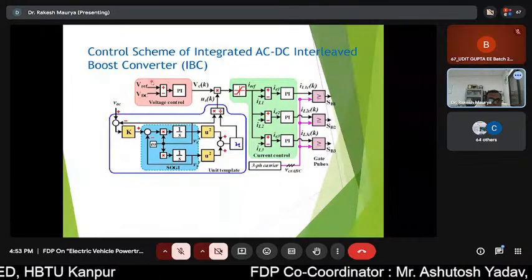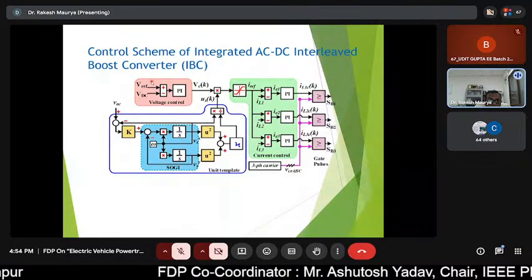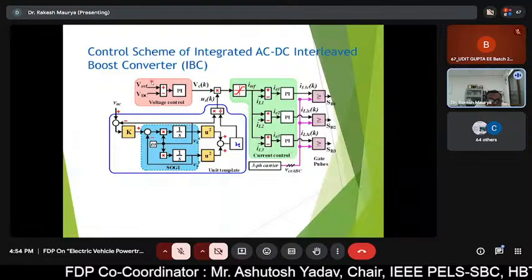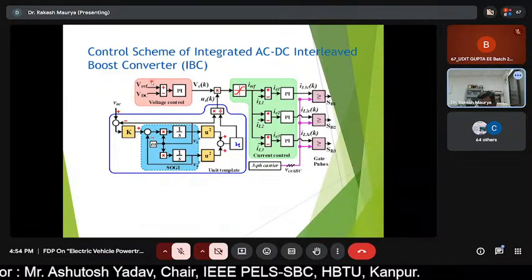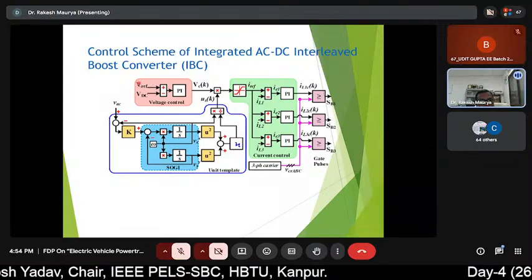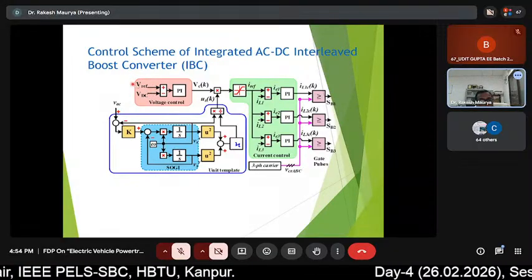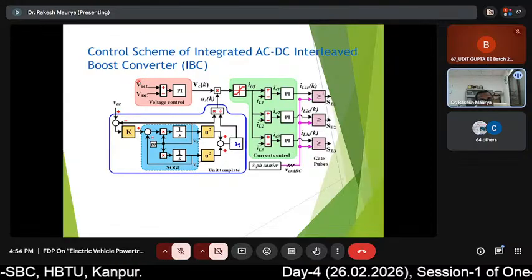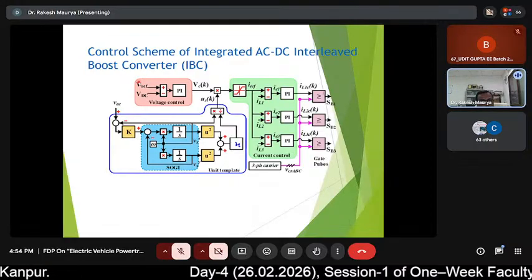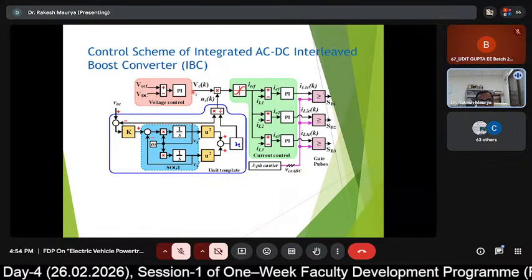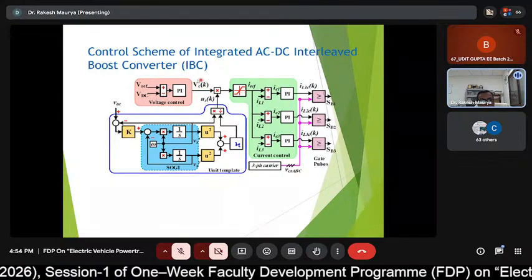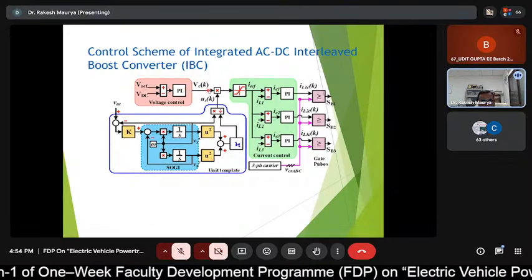For the boost converter, the reference voltage which you have to set at the DC link should be more than the peak of the input voltage. Only then will the PFC operation be maintained by the PWM rectifier. So here the reference should be set more than the peak of the input voltage of the supply, and the actual voltage is sensed and passed through the PI controller, and this control voltage is now the output of the PI.